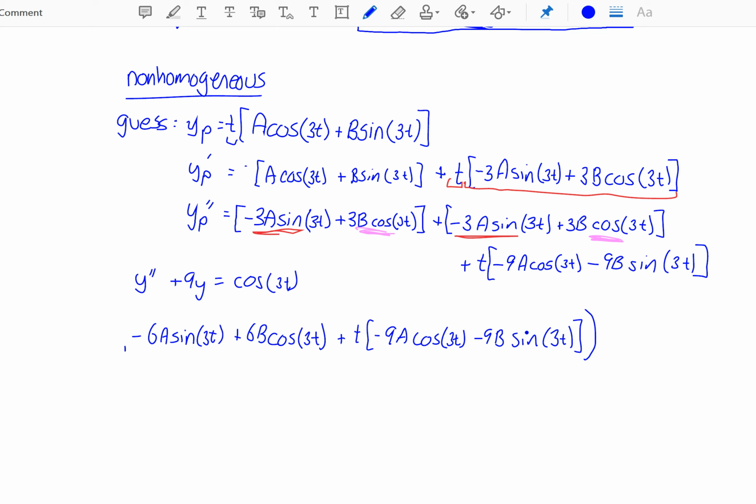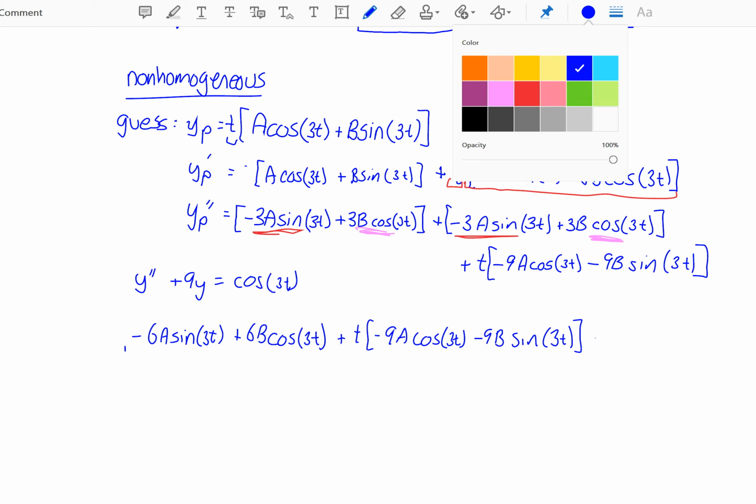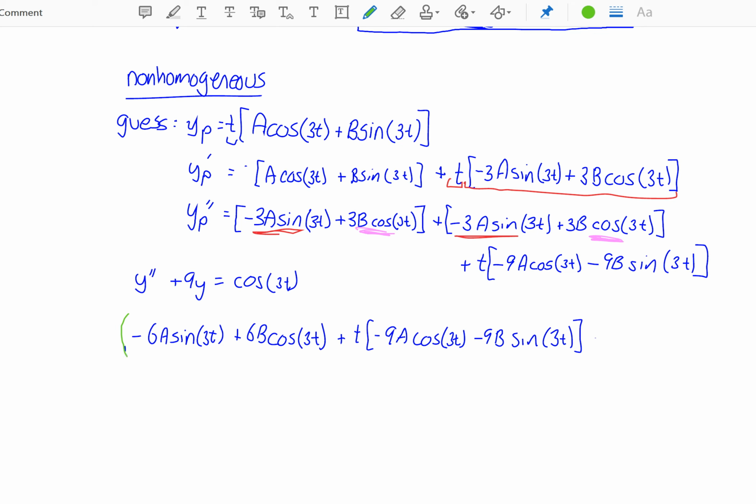Maybe to add some color to these grouping symbols, we can write it as this all represents y double prime. And now let's add to this 9. I'm going to write that in the next line. So this would be now plus 9 times our original guess for y, which was t times a cosine of 3t plus b sine of 3t.